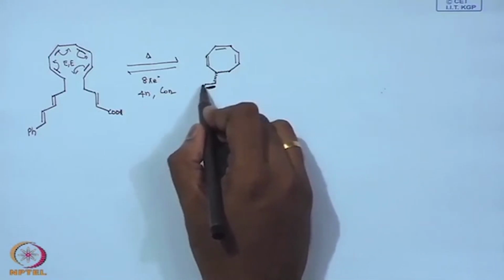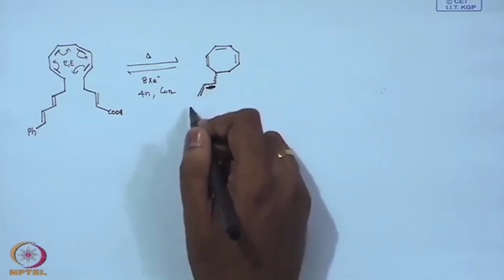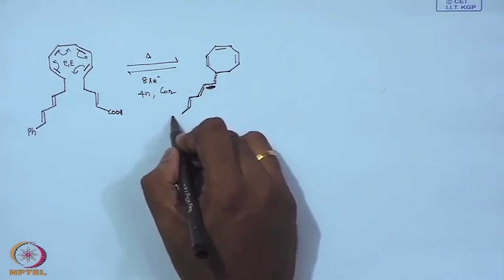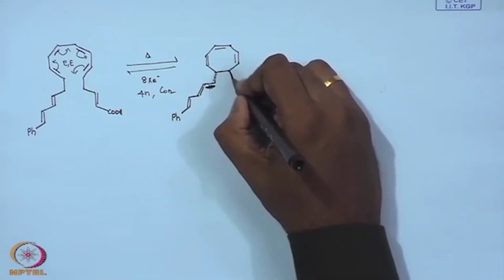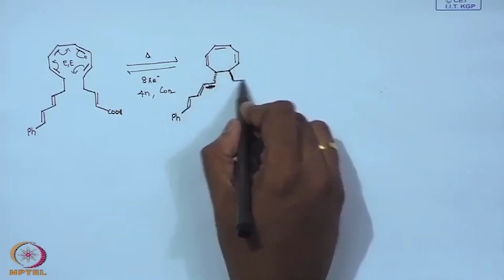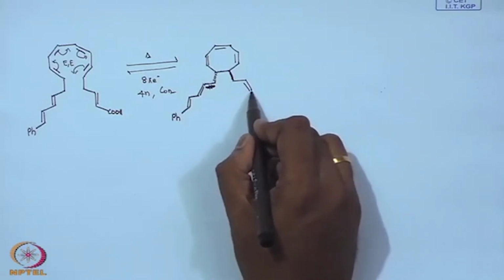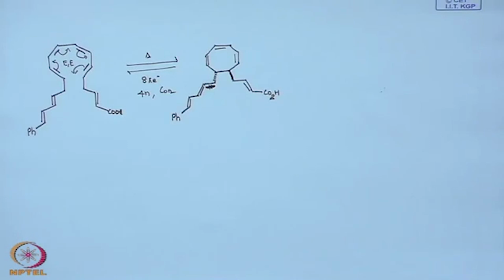Oh, sorry, you don't have a double bond there. You have a double bond here, not there. And you have a phenyl, and you have a double bond here, and you have a phenyl. You get this one, and this side you will have your carboxylic acid. You get this product nicely.